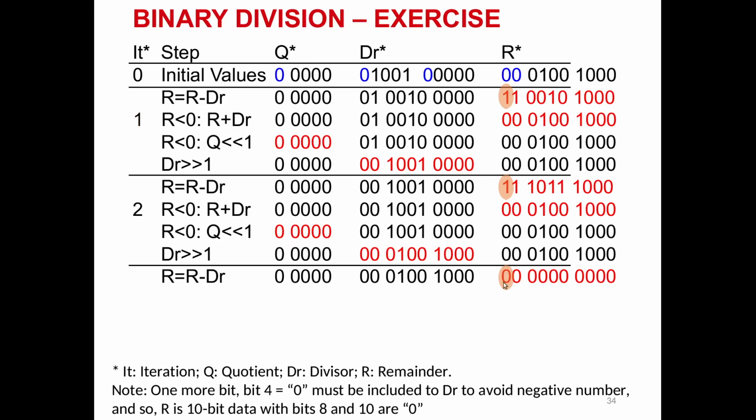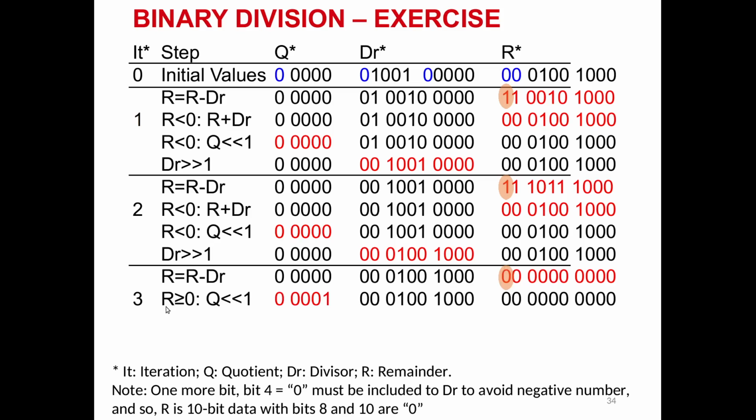And this bit equal to 0, the most significant bit of the result stored in R equal to 0, implies that R is larger than or equal to 0, and so we don't need to reverse R back to the previous value, but instead we just push a value of 1 into the right hand side of Q, and so all Q will be shifted 1 bit to the left and change from 0 0 0 0 0 into 0 0 0 0 1.